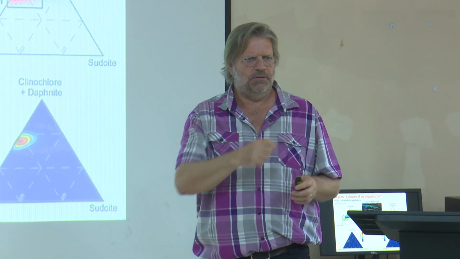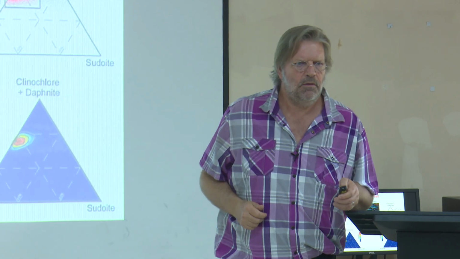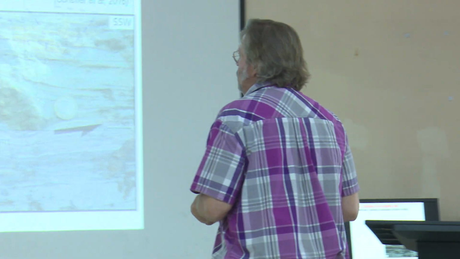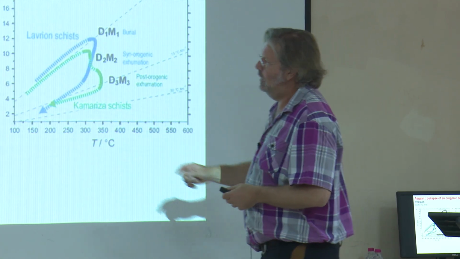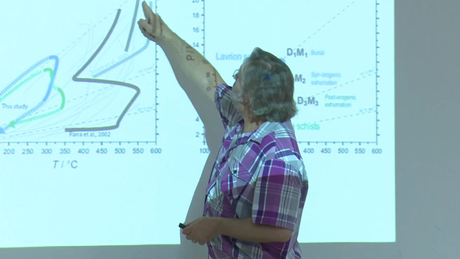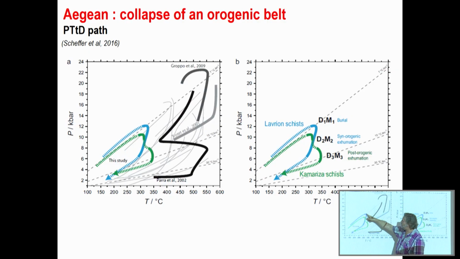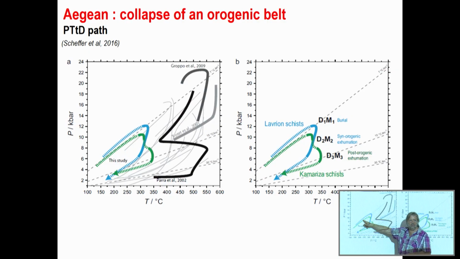It was a question, yes? With respect to this particular project, what can we interpret in terms of the geothermal gradient, with respect to the minerals? Yes. So at first, you see here, I think that's a 15 degree per kilometer geothermal gradient at the time of subduction and exhumation.